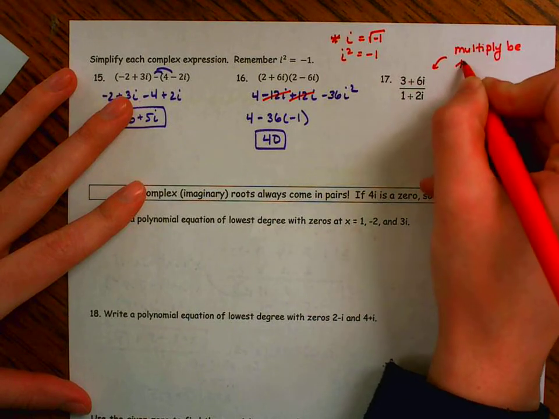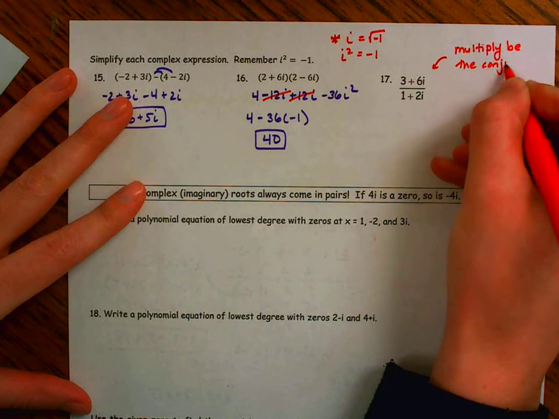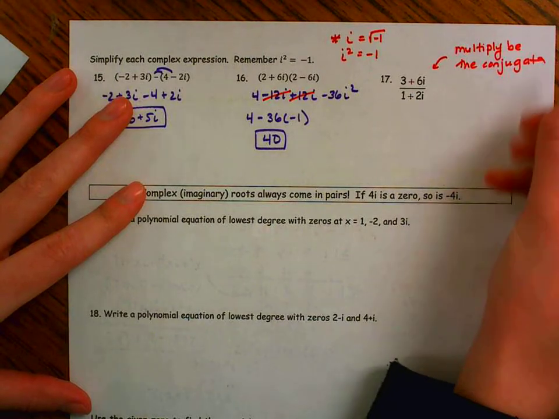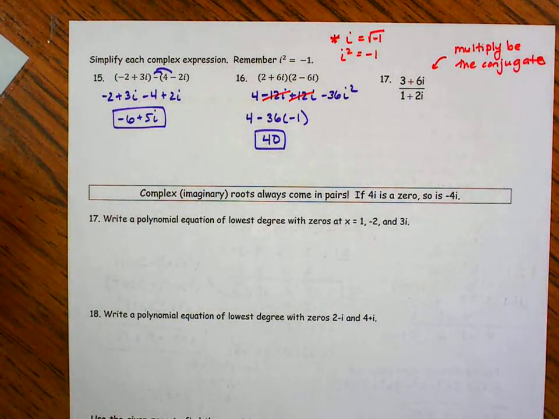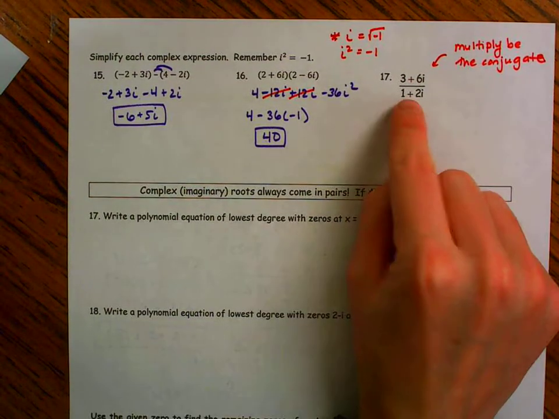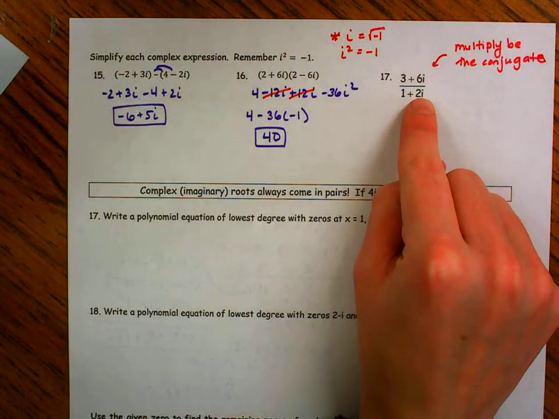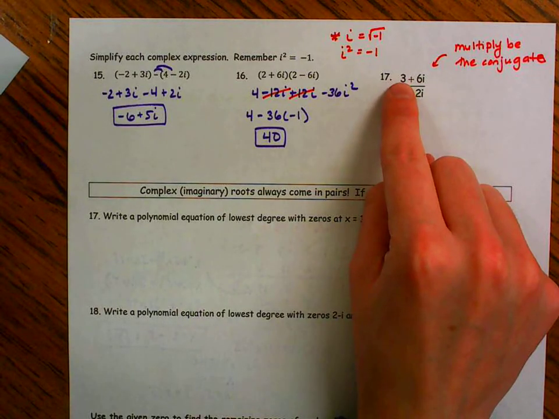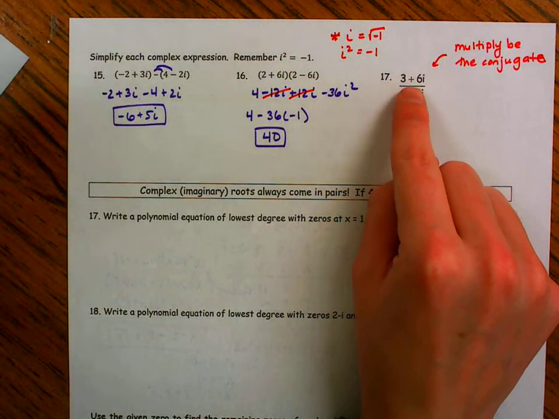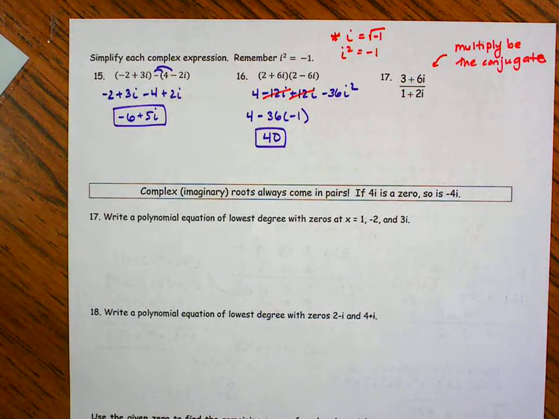Every complex number is going to come in a pair. So if you have 1 plus 2i, its pair or its conjugate is going to be 1 minus 2i. The conjugate for this numerator is going to be 3 minus 6i. You change the plus or minus sign of the i term.